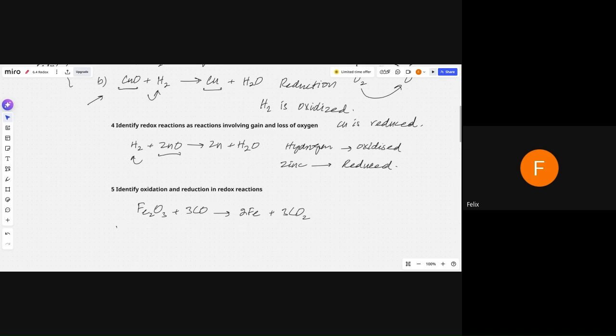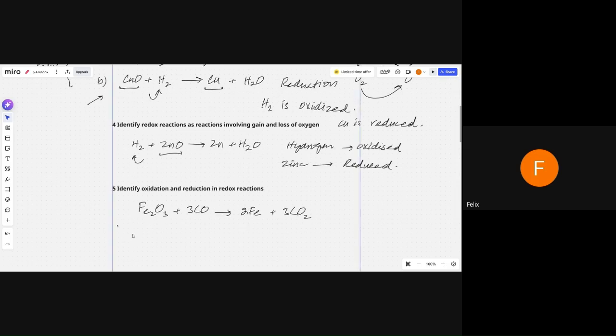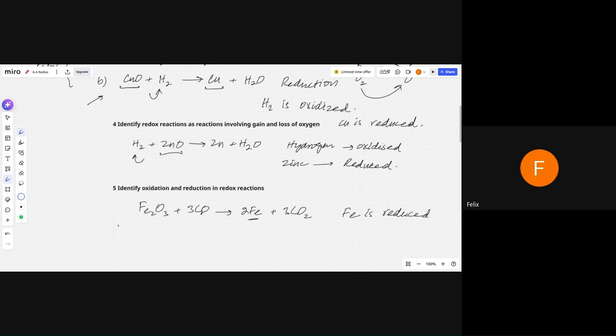Here we can see that iron is with oxygen, and here iron is without oxygen. So iron is being reduced. And carbon monoxide has 1 oxygen atom, but on the product side, it has 2 oxygen atoms.